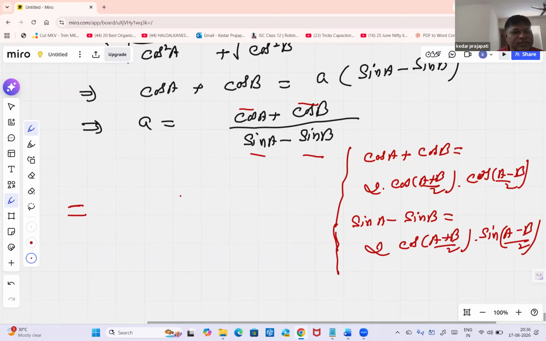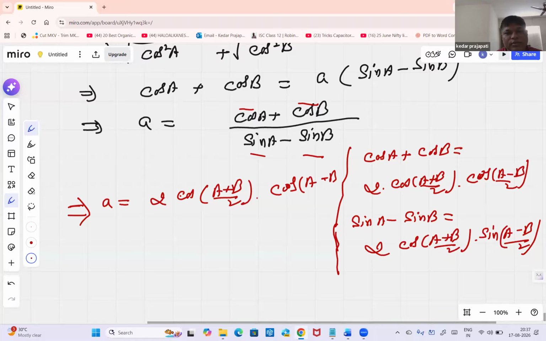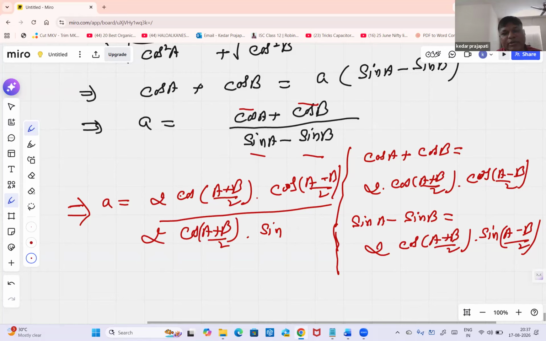So now it becomes easy. So a is 2 cos of A plus B by 2 into cos of A minus B by 2, divided by 2 into cos of A plus B by 2 into sine of A minus B by 2.